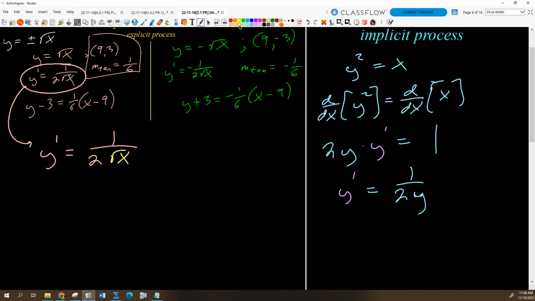Well, what's the square root of x equal to in the red equation that we started with? Yeah, that's how we defined y, isn't it? So that's the same thing as saying y prime equals 1 over 2y, based on how we defined y at the start of that explicit process, right?